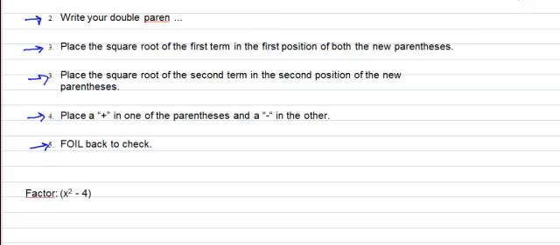So here we've got our first example. And this is pretty basic. Again, we need to make sure that we recognize that we've got a perfect square, and we see that x squared, we recognize quite easily as a perfect square, and of course 4 is a perfect square.